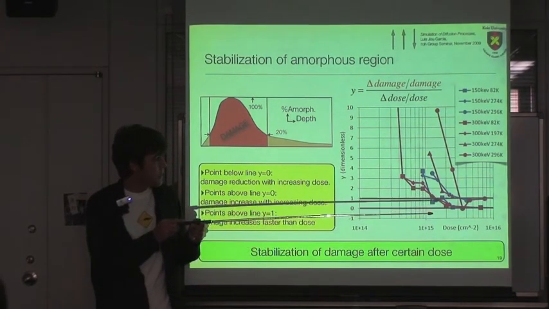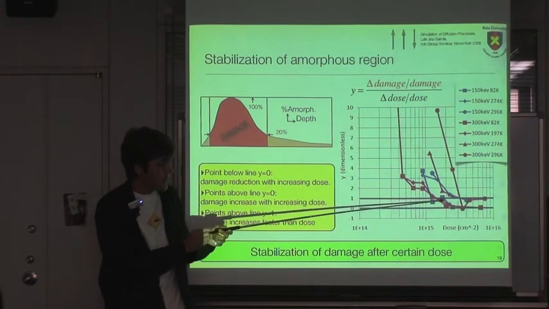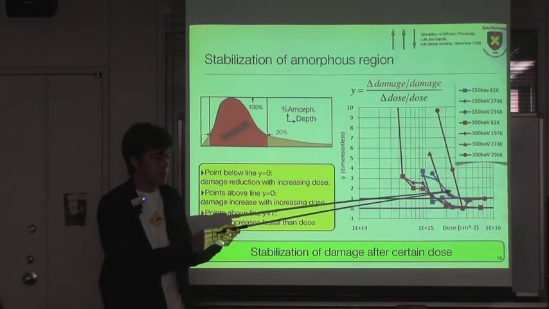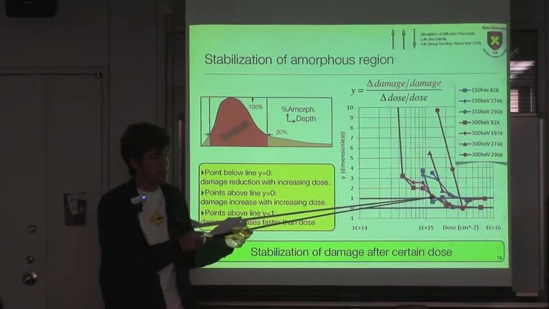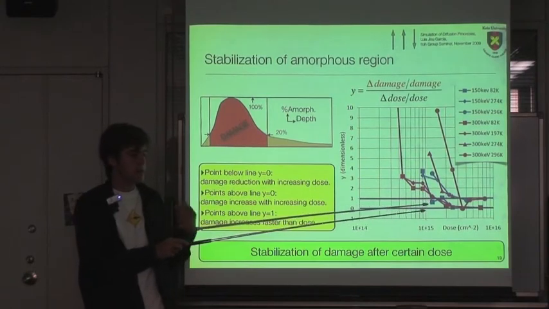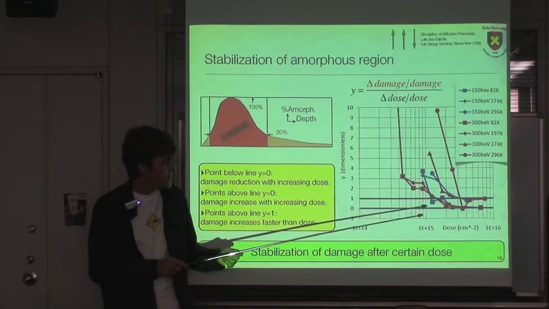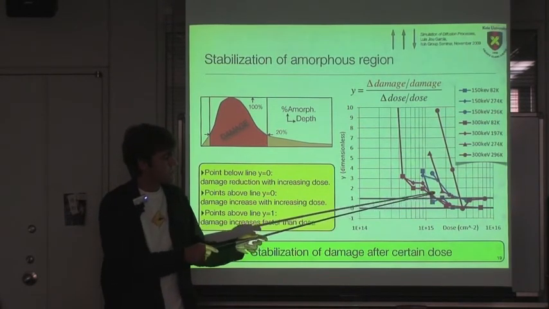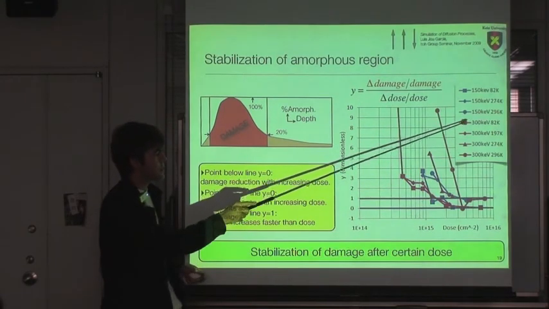The point where the amorphous region stabilizes is higher in terms of dose for high temperatures. This is because at low temperatures, damage remains there. Damage is not annihilated. It is also higher for germanium, but these graphs are not directly comparable because they are at different energies.